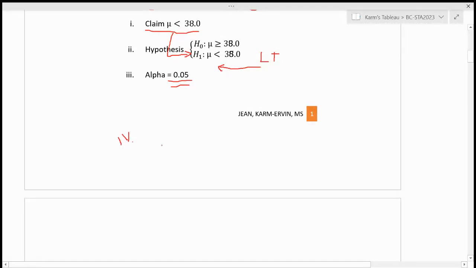It goes like this: z sub 0 is equal to x bar minus the population mean, divided by sigma over the square root of n.